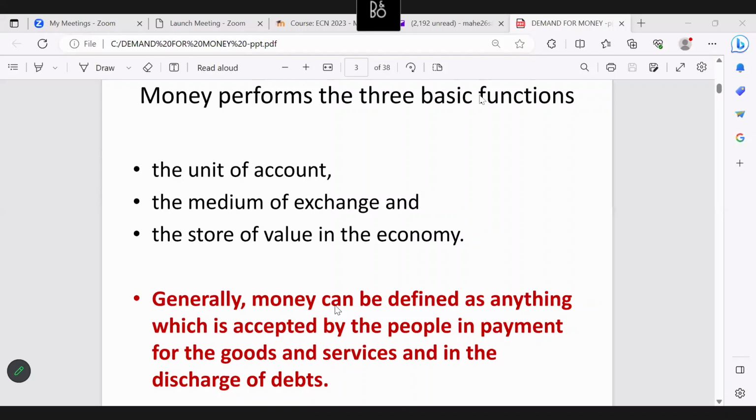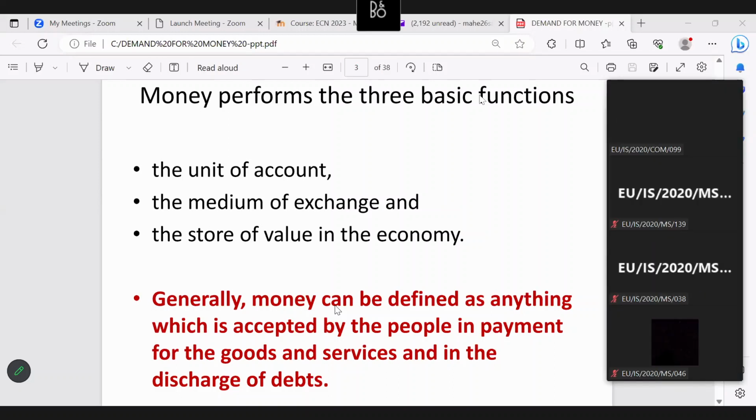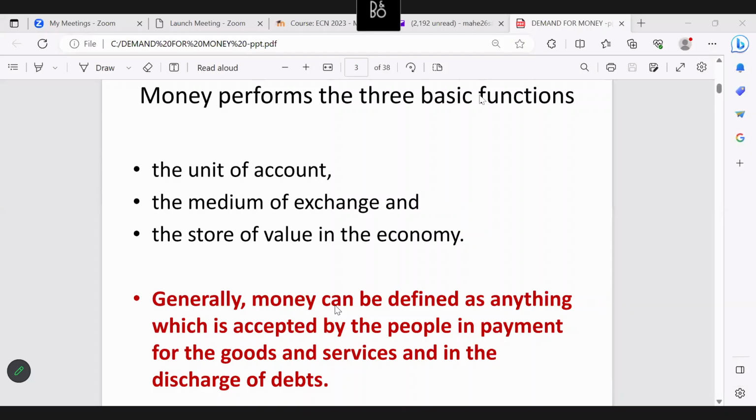The second function is medium of exchange. This is a term you already know well from the money concept. Money avoids the barter system problems, the double coincidence problem. We already learned that nowadays without money we can't exchange anything. Earlier they exchanged goods between two groups or two people.